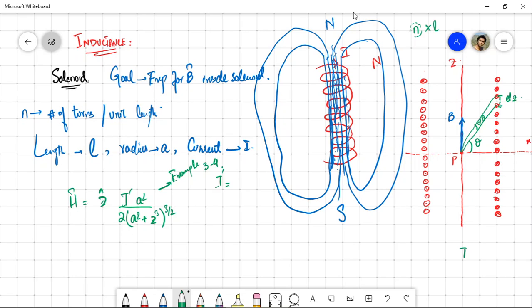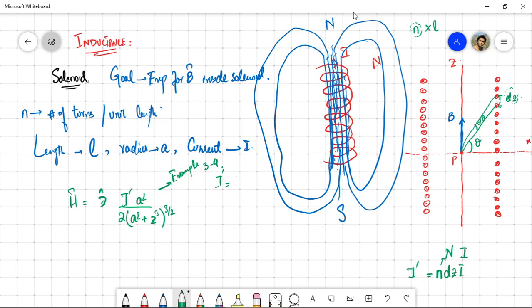If I is the current flowing through one turn, and we want to calculate the current flowing through the total number of turns in this incremental length, then we want to calculate NI. For the total number N, we need to know the number of turns per unit length and the length that we are considering. So n into dz is equal to a capital N, and I is the current flowing through a single turn. So this is basically the expression for I hat in this case.